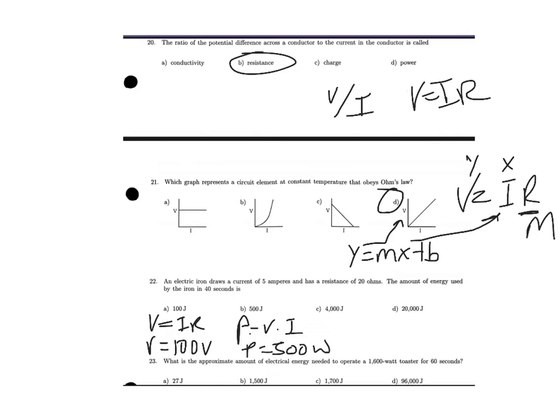And then we're going to do power equals energy over time, which ends up being power times time equals energy, to find the energy. And 500 times 40 is 20,000, I believe. And so 22 should be delta.